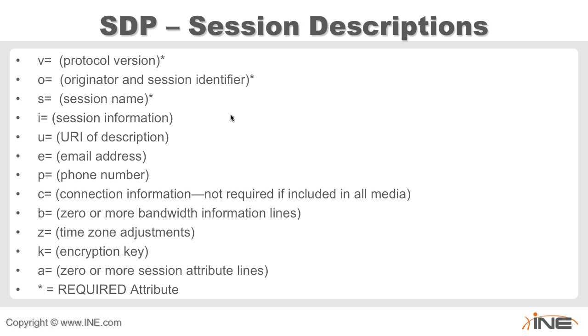Then we've got the I for session information, U if there's a URI or URL, E if it's an email address format, which we can certainly use for SIP, P if it's a phone number, C for connection information, B if there's information about bandwidth on the lines, Z for time zone adjustments, K if there's an encryption key, and A is saying that there are 0 or more session attribute lines.